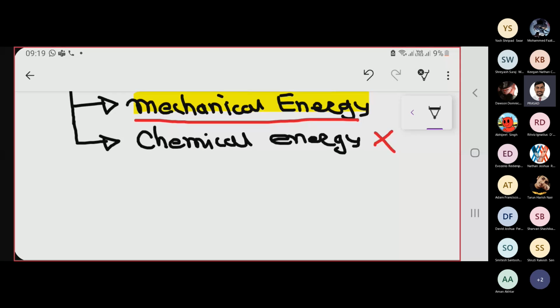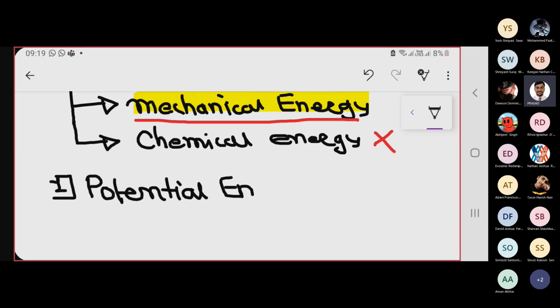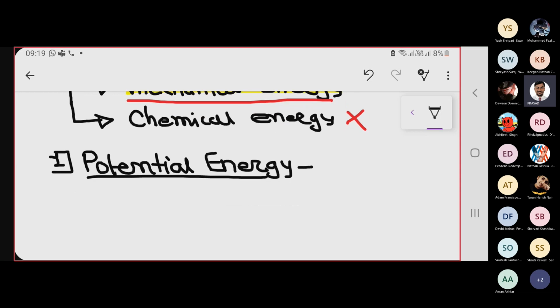Now mechanical energy we can classify into a number of types, but basically I will first classify it into two energies: potential energy. What is potential energy? It is energy or capacity to do work due to the position of a body.